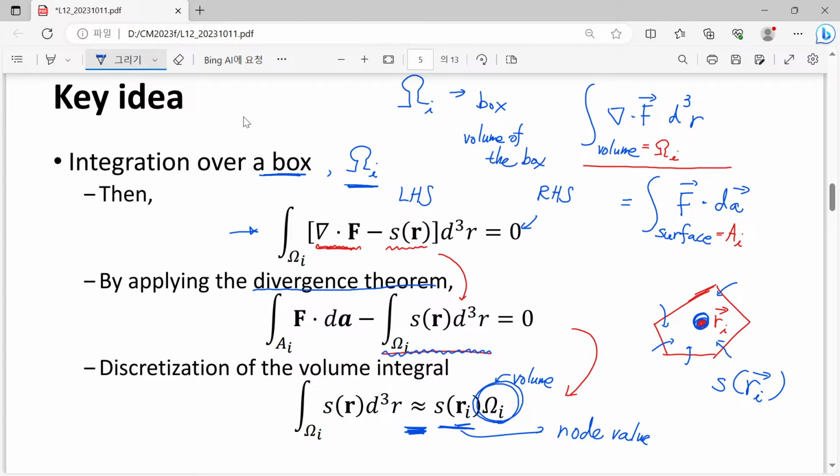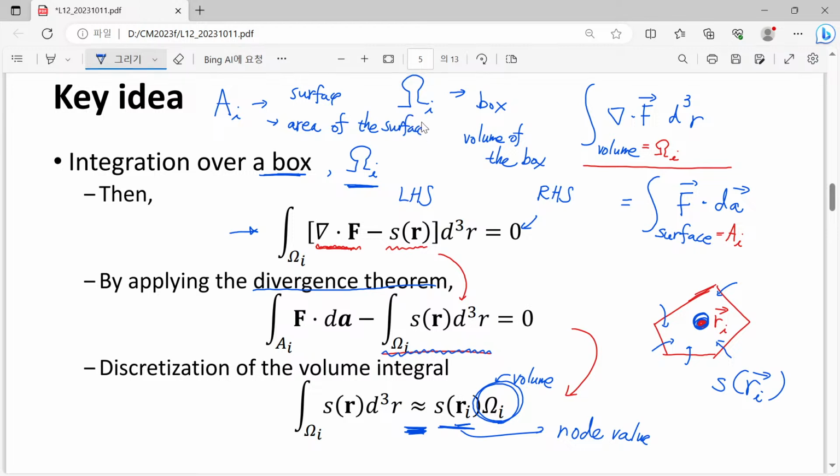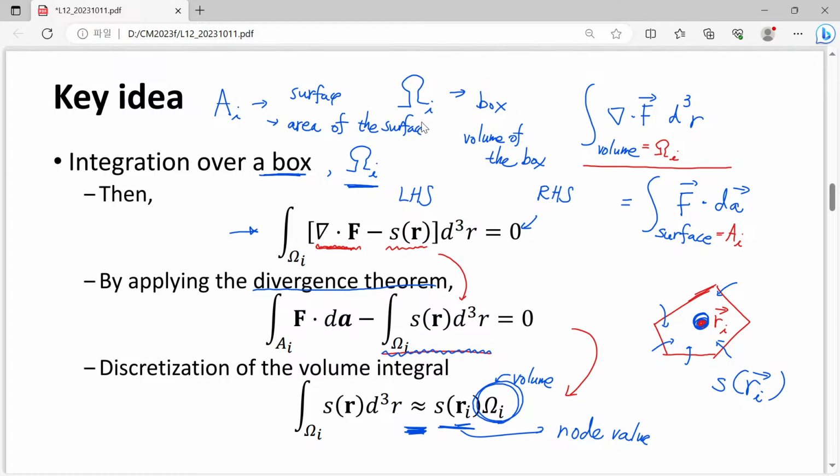I will use the same convention here: A sub I is actually the surface, but sometimes I will use A sub I as the area of the surface. So are you with me? I hope that everybody understood. Okay, any question?